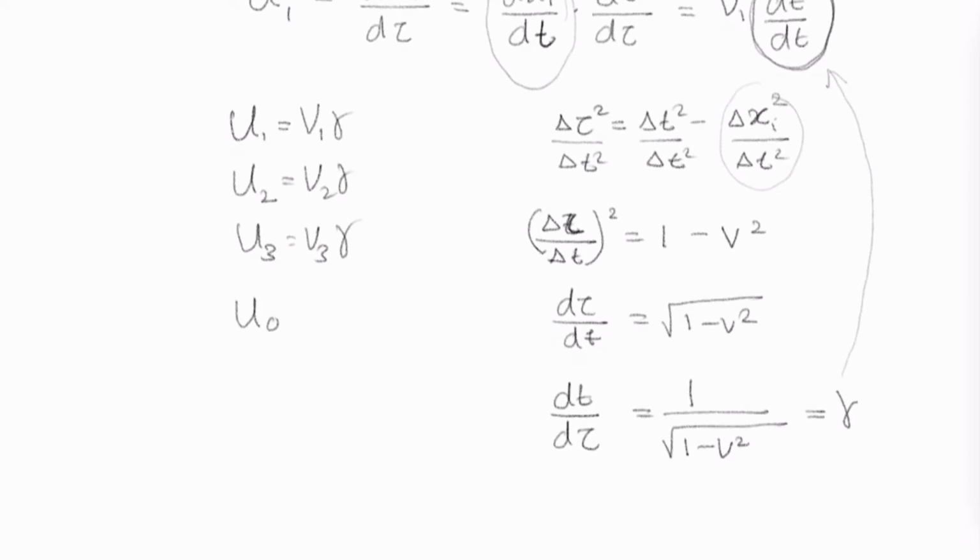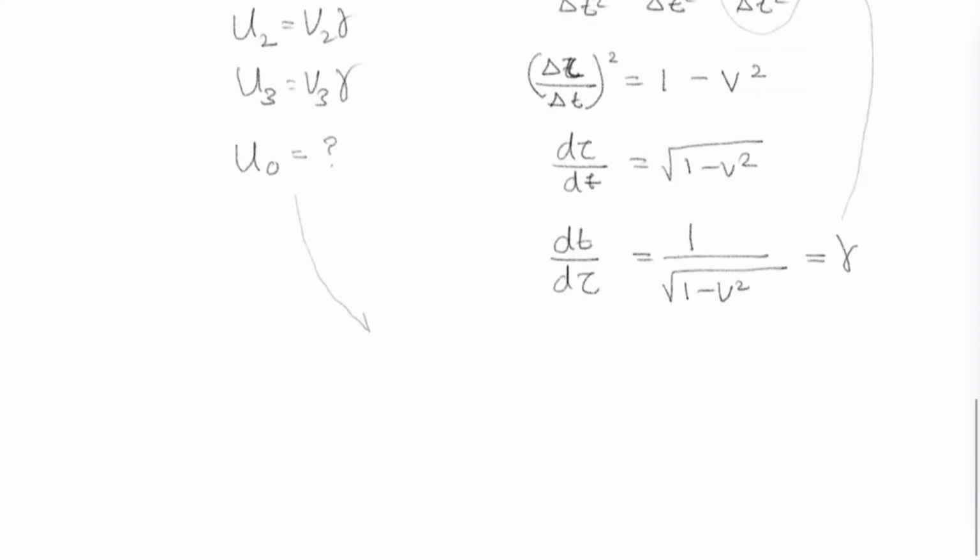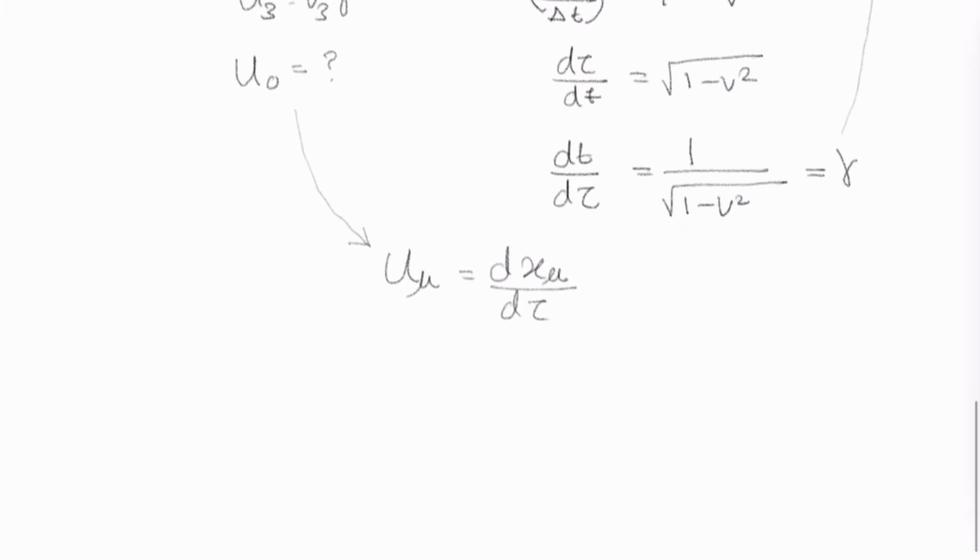What is u0 then? Is there anything significant about u0? Let's find out. u of mu is dx mu over d tau. So u0 is dx0 by d tau. dx0 is dt because x0 is t.